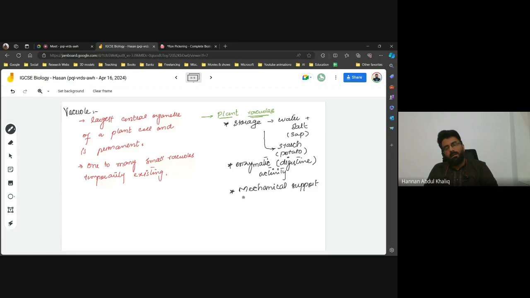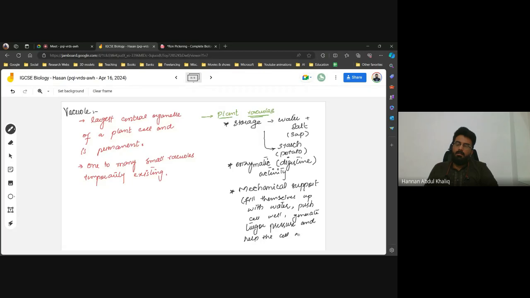How do they provide the mechanical support? They fill themselves up with water and push the cell wall, generate turgor pressure, and help the cell and the plant mechanically.